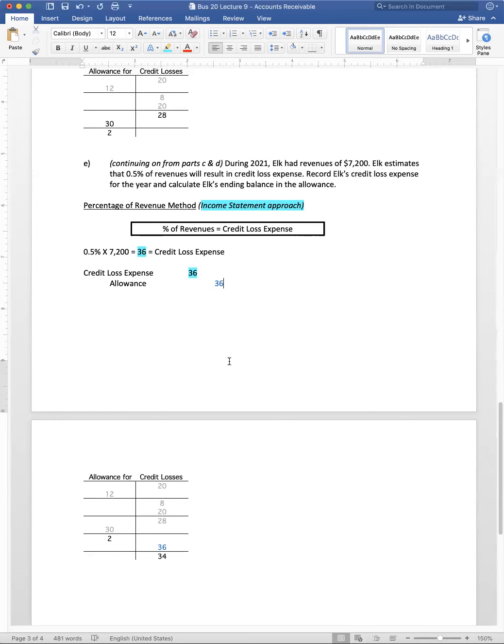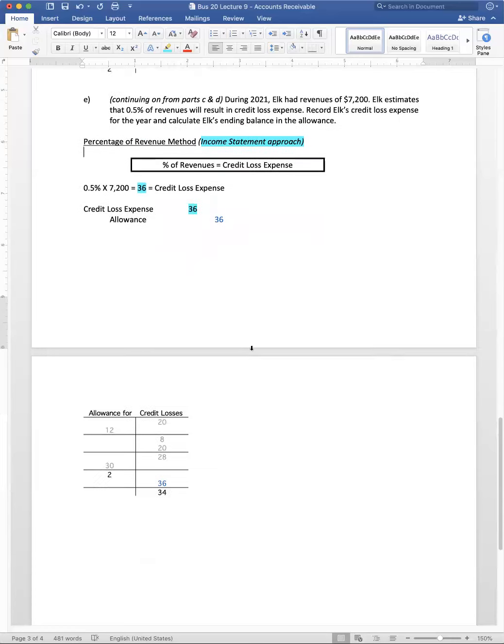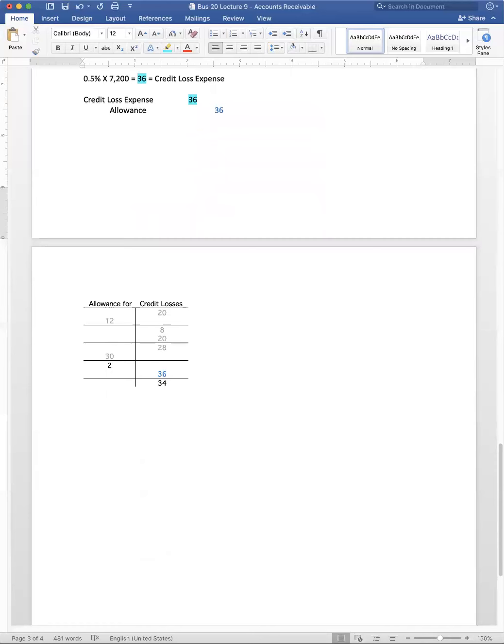It would not be an issue. So if customers pay in cash, we have no problems with credit losses, no problems with uncollectability. The only time we're going to need an allowance, that we're going to have a risk of not collecting, is if the customer pays on account. So some companies will use the percentage of revenues method, but they'll only look at revenues on account. So that's what we have here in part F.